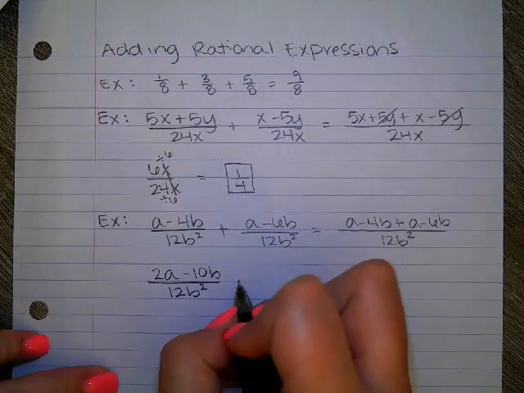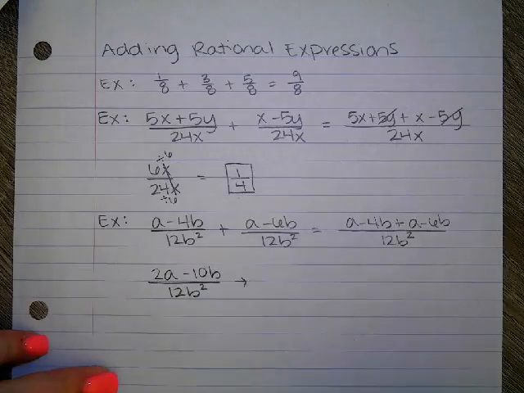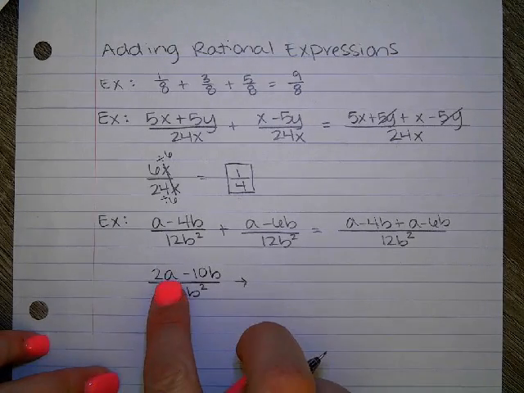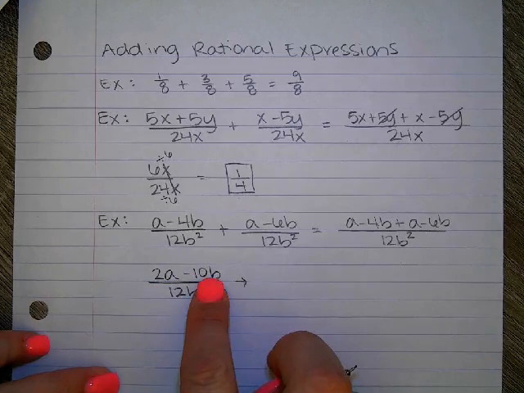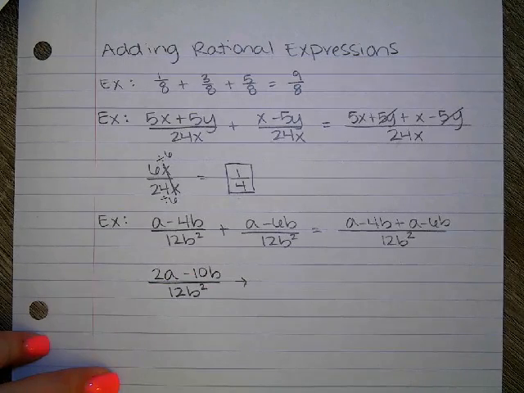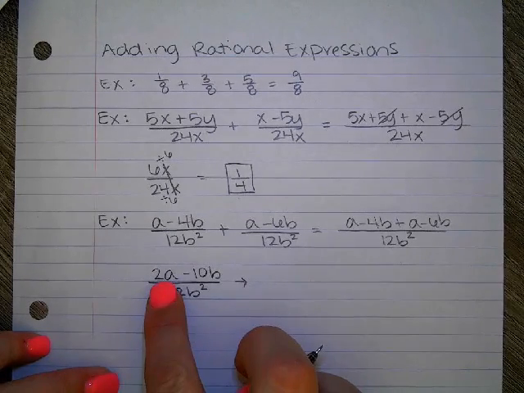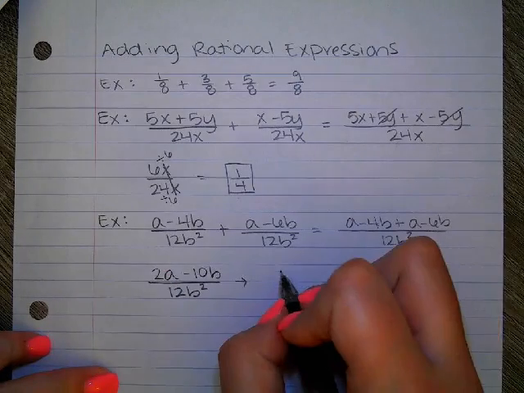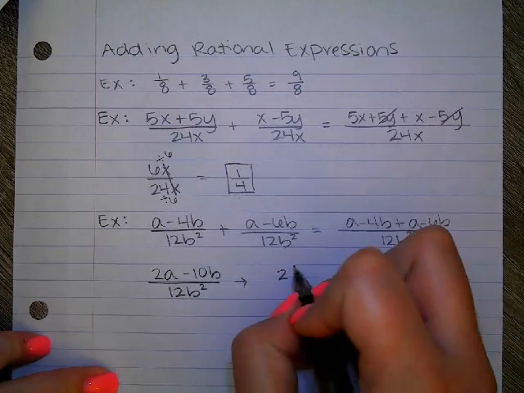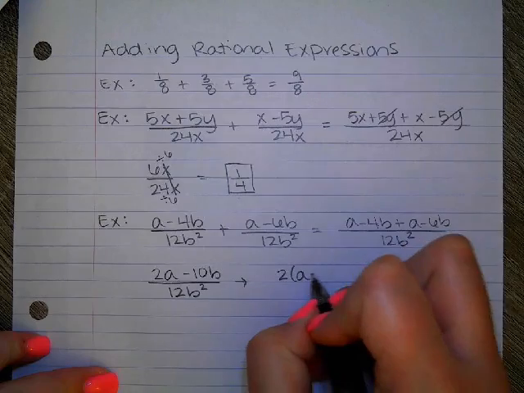And so the bottom is a monomial. I can't factor that. However, the top is a binomial, and the typical way of factoring a binomial is to take out the GCF. So I'm going to do that to see if I can simplify it at all. The GCF between 2 and 10 is 2. There's no GCF between the variables. So 2 times (a minus 5b).